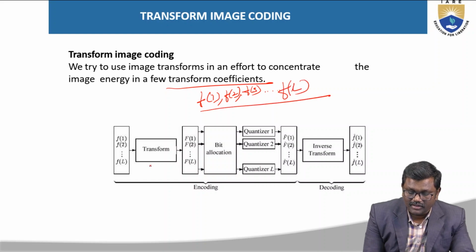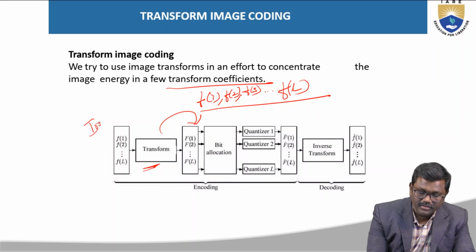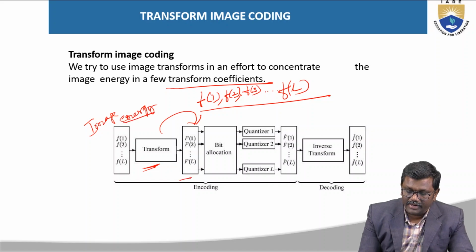Okay. So the transformation which varies here from your few transformation coefficients, that is your image energy. What do we call it? We call it image energy. The image energy which is transformed here, we keep into the bit allocation, which is processed here in terms of a quantizer.